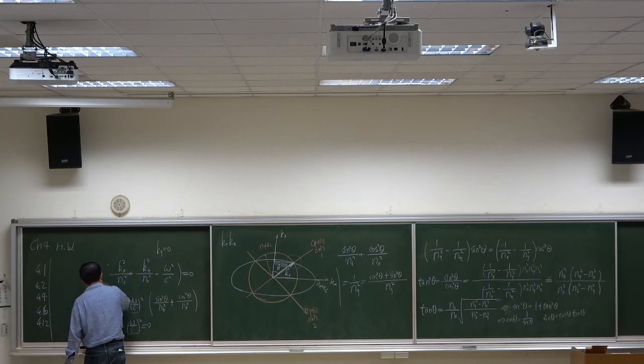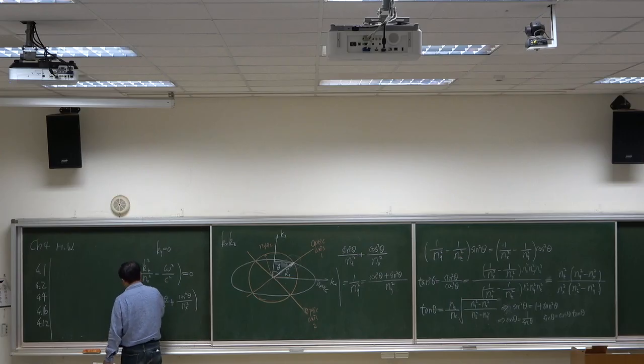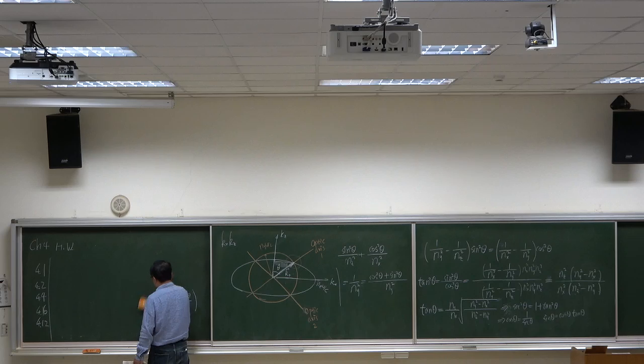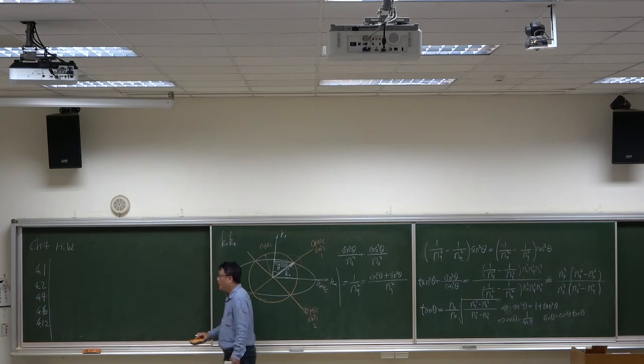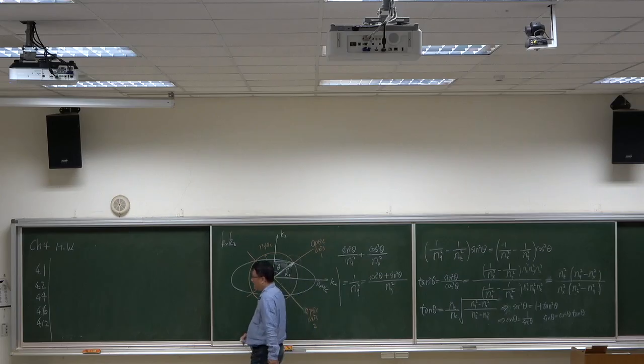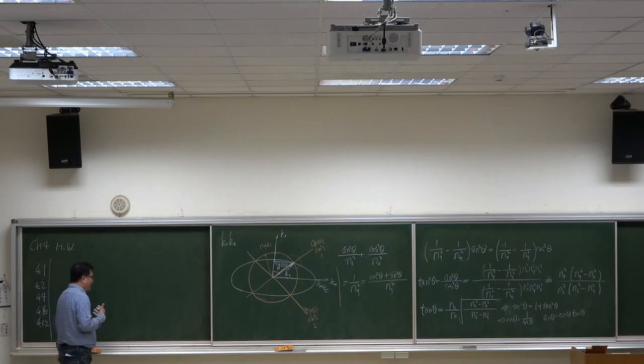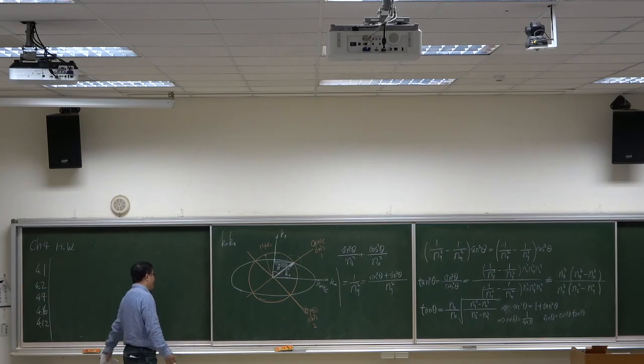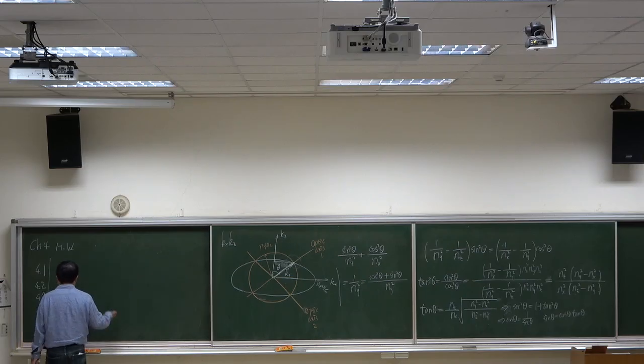To do this, we need to consider the original Fresnel's equation of wave normal. And I find that if I define some notation, then we can simplify the derivation. Okay.